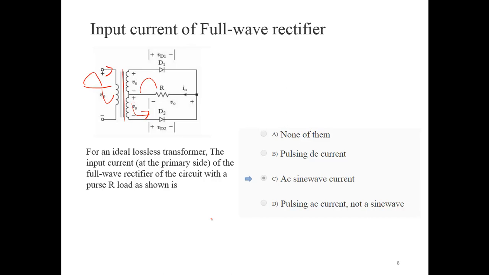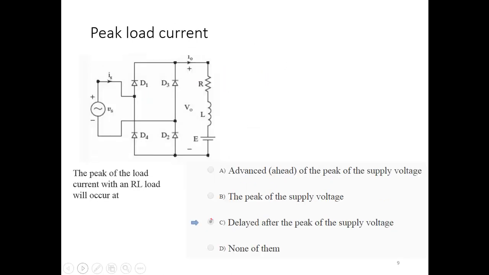That means if the output current is like this, on the transformer side one is going this way, another one going that way. So if I look at the input side, this will basically be a sine wave. But in real life, because of the nonlinearity of the transformer, it will not be a pure sine wave, it will be a distorted sine wave.